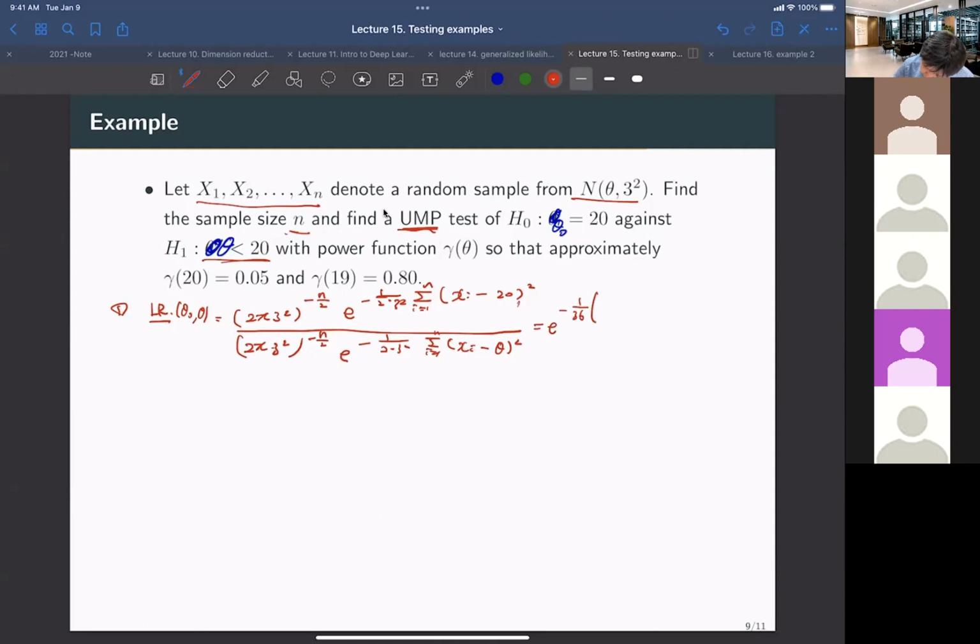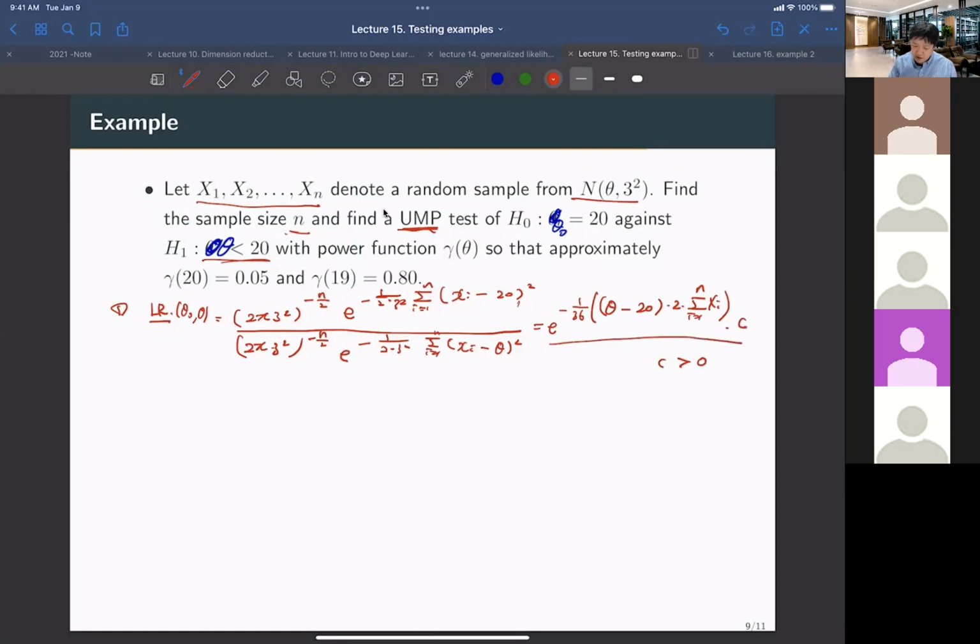So minus 40 summation of xi, theta minus 20 times summation i equals 1 to n xi, and multiply some positive constant in terms of x, right?